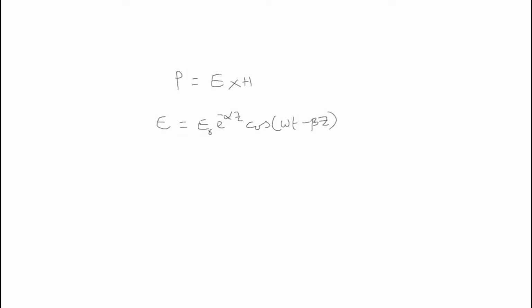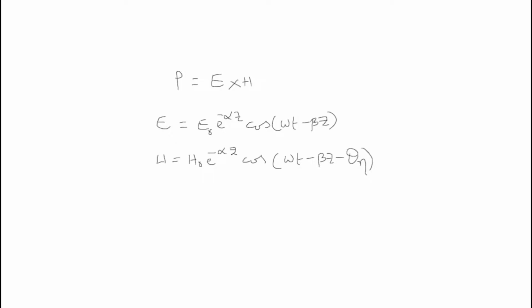Similarly, H is equal to H naught e to the power minus alpha z cos of omega t minus beta z minus theta eta.